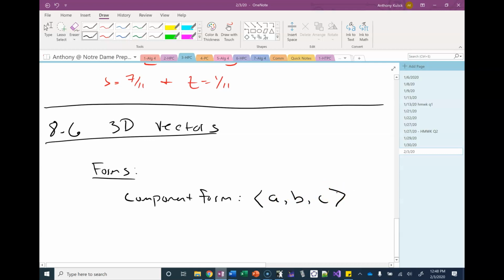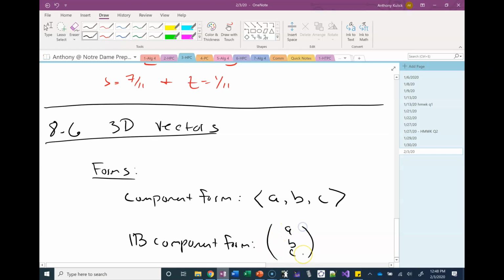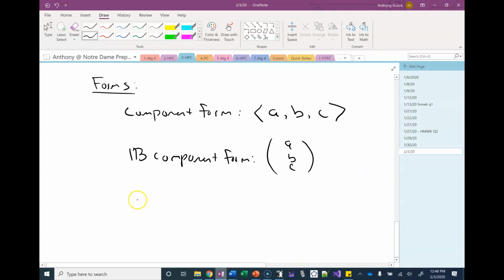So we just have A, B, and C. The IB component form, or the column vector, column A, B, C. And then our linear combination form.